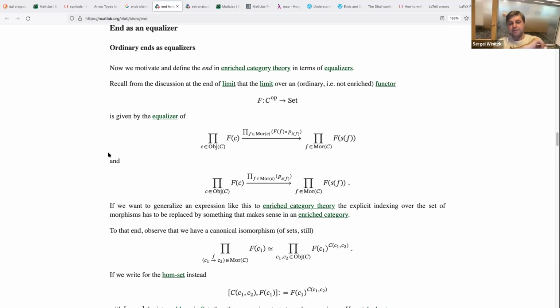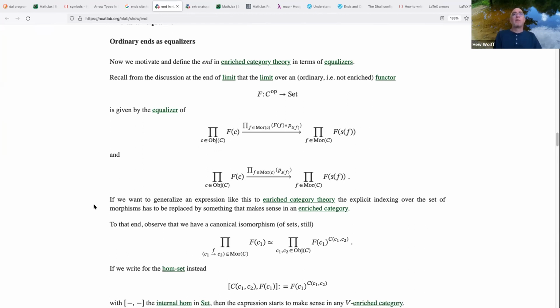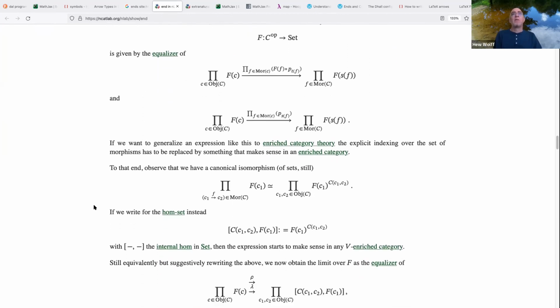Is that defined elsewhere? Or is that a projection? Is P the projection? No, projections must be lowercase pi usually. Projections are lowercase pi's at least. I don't understand this at all. With your permission, I'm gonna scroll down a little and see where they're trying to go from.